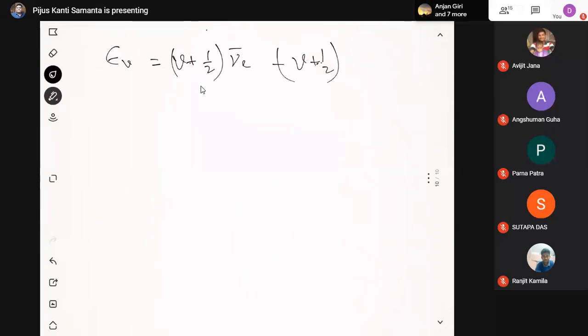So this was the formula, and this chi is always positive.